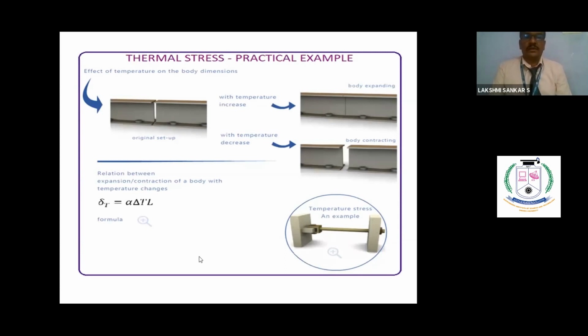Correct or not? In summer, the material expands due to excess heat. And in winter, it is shrinking. Why is it so? We need to understand this particular behavior, and it is very worth doing this concept. Okay. See this.